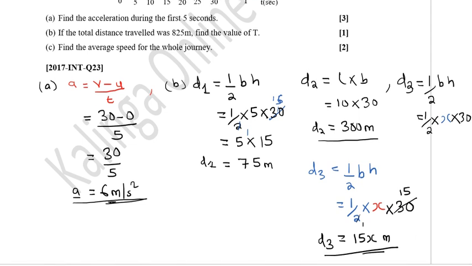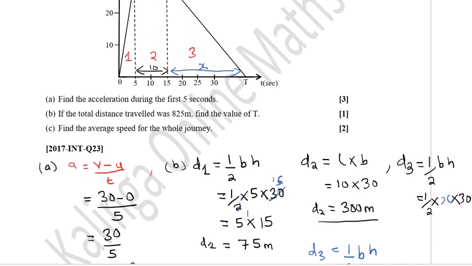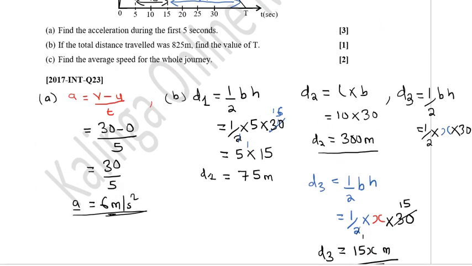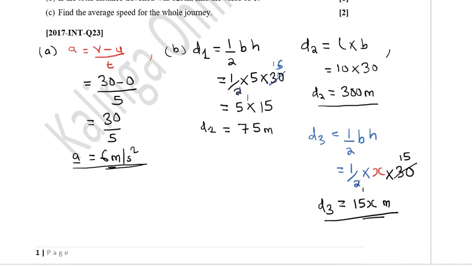All right, so now after we have obtained all this, we are going to add all the distances that we have found. Is that okay? And then we equate everything to 825, because 825 represents the total distance.